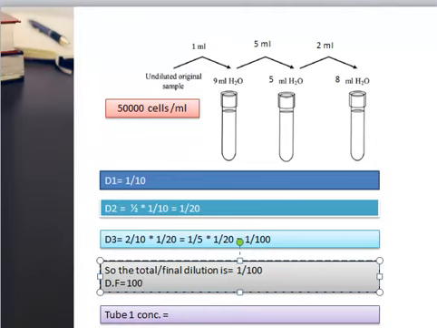Here, the tube 1 concentration is requested. The original concentration is 50,000 cells per ml.